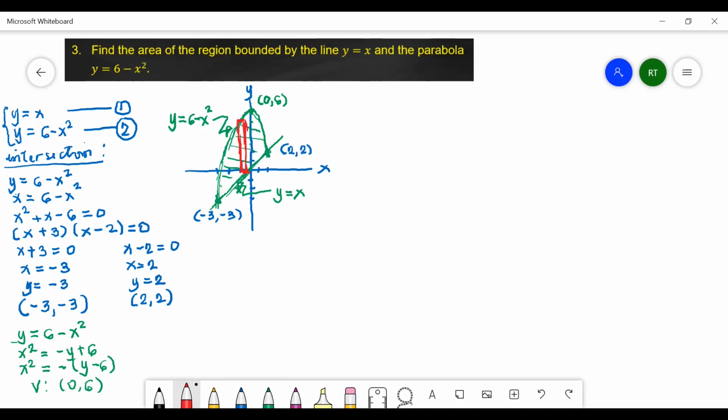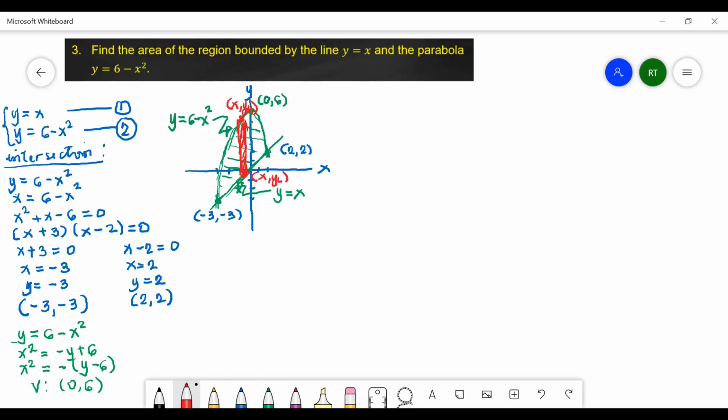So we have this representative element, and of course, we will let the coordinates of the point on the parabola be x, y sub h. And this point on the line will have the coordinates x, y sub l.